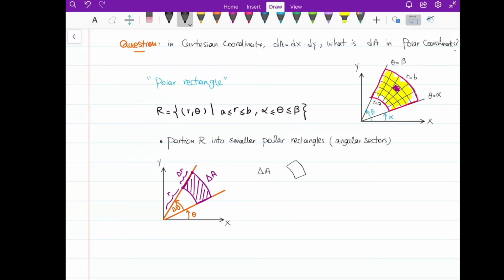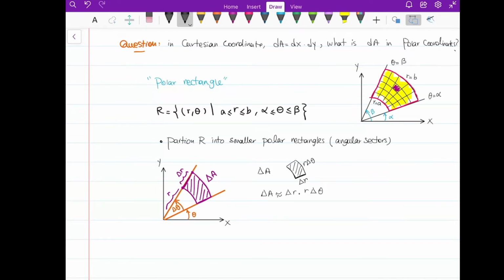Delta A is something like this, a polar rectangle. One side here is delta r, and then the other side in here would be r delta theta. Using geometry, if you remember, the length of this arc would be r times delta theta. So delta A is approximately delta r times r delta theta.